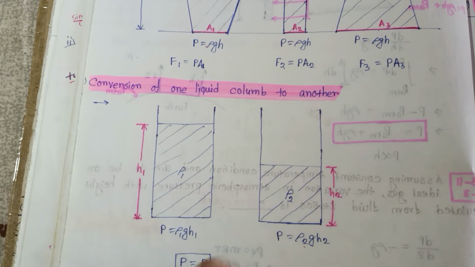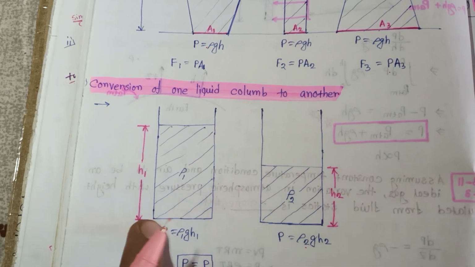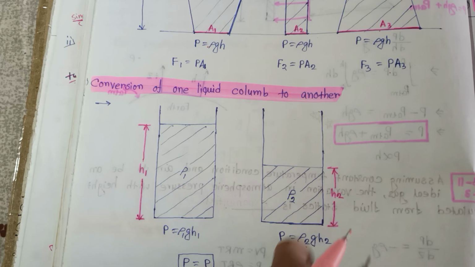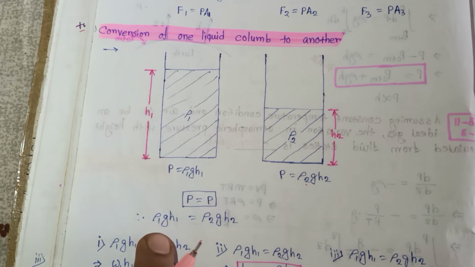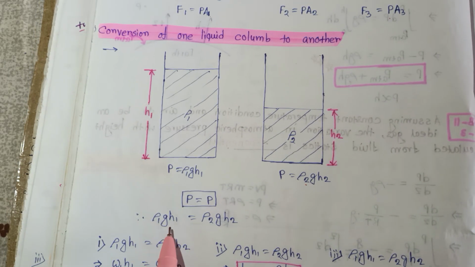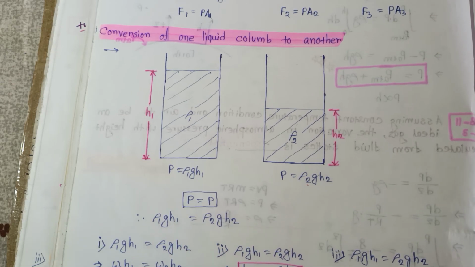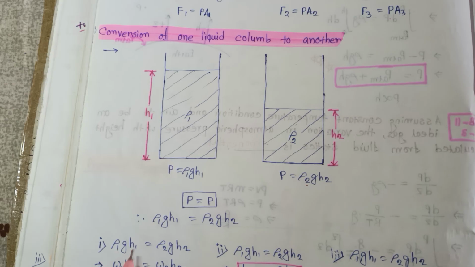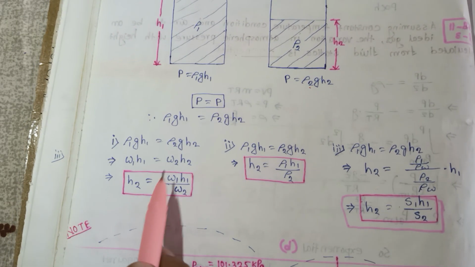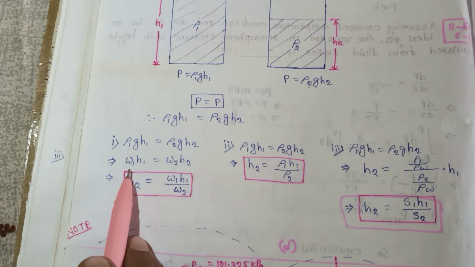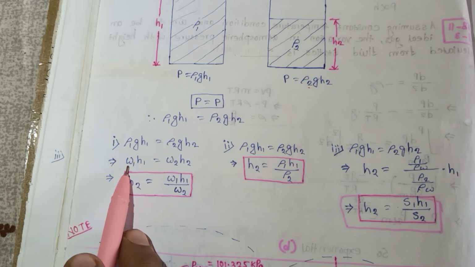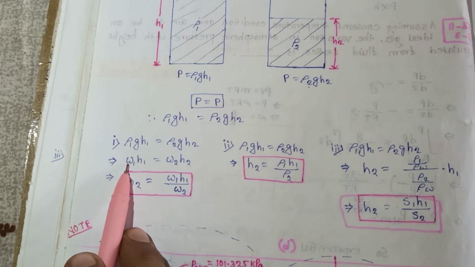Now in that case, in both cases the pressure is the same. So we can write ρ1 g h1 equals ρ2 g h2. Here rho into g is omega, the specific weight.